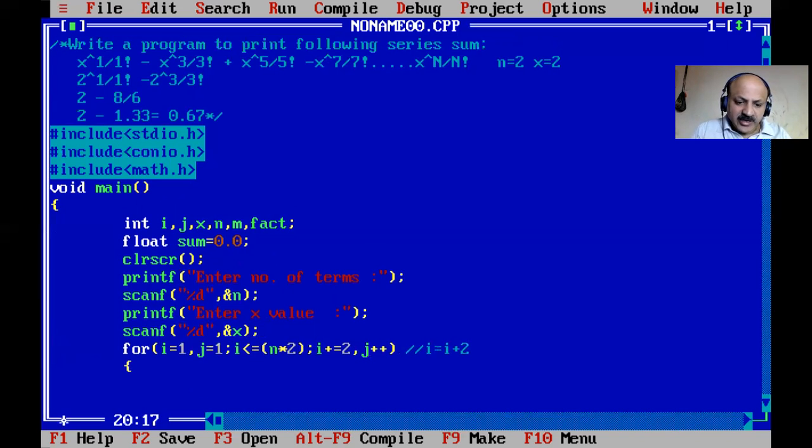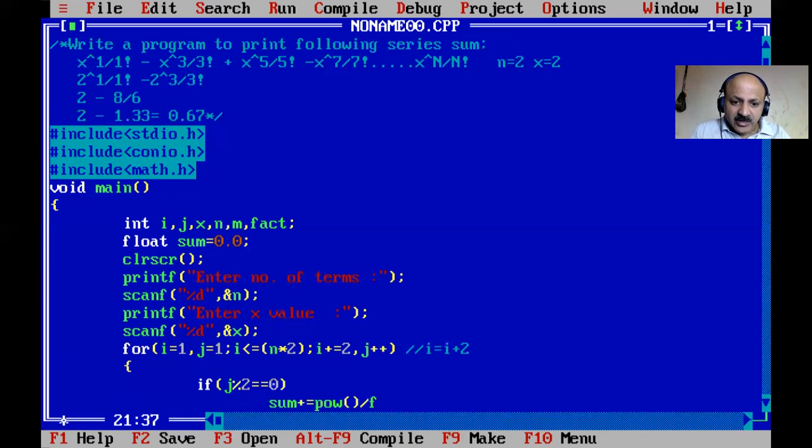So now we can take an if condition, and j modulo I we do not have to take, because I directly jumps to 1 2 2 3 5 7, that type, so j I can take, and sum. As you can look, the first term is positive, so here we can take sum plus equal to and then the power function.